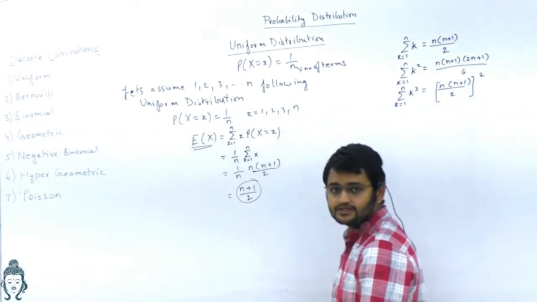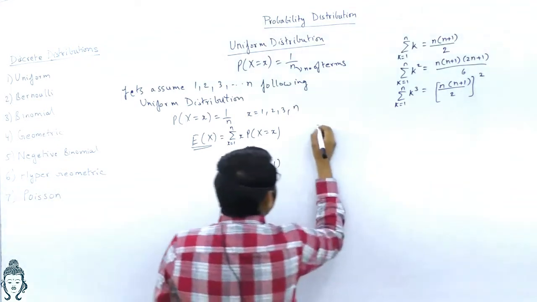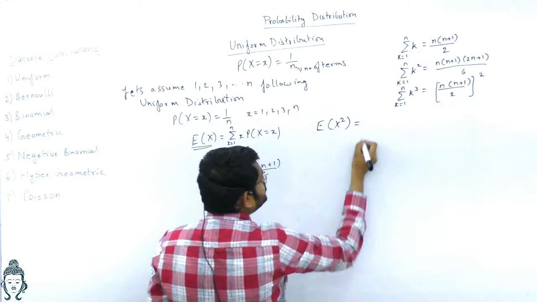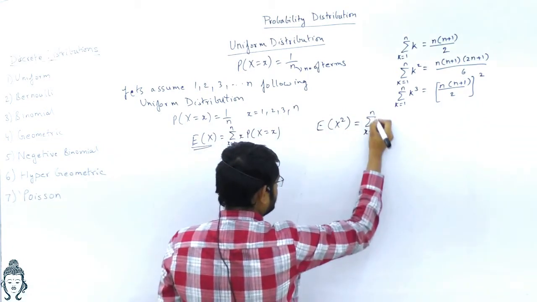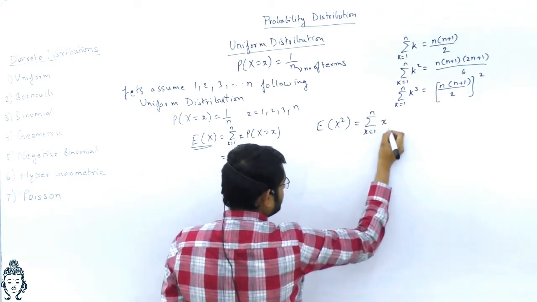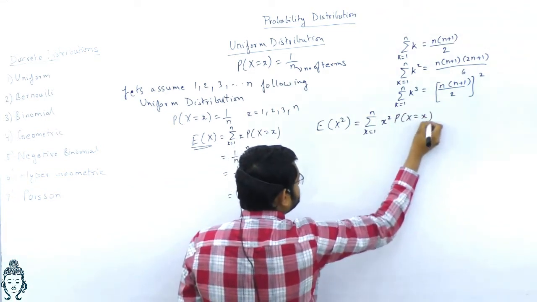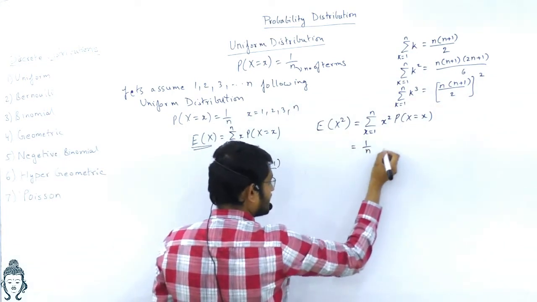Let's find variance. To find variance, we need expected value of x square, E of x square. So E of x square is nothing but summation x is equal to 1 to n, we'll have x square times probability x is equal to x. Again, probability is just 1 by n.